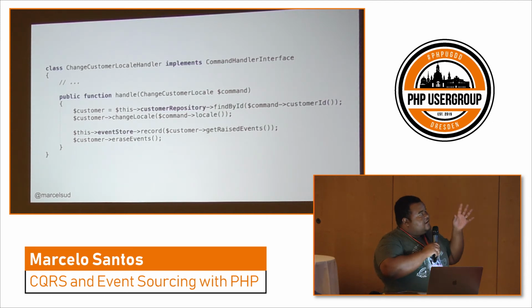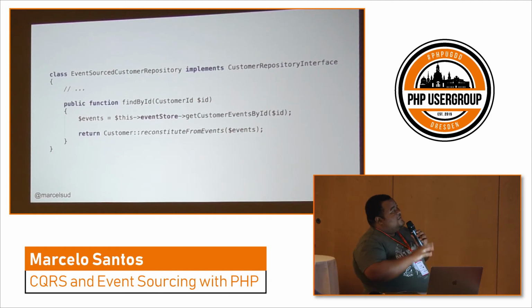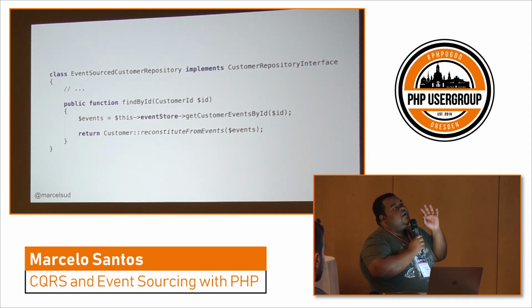I have a command handler which will get this command and say, okay, what do I do with this change customer locale command? Find this customer, then change the locale, then record the event that happened. Then I'll call the repository. And it doesn't matter what the repository is. That's why I'm using the interface there, implementing this customer repository interface. So my customer command handler doesn't understand who is doing that.